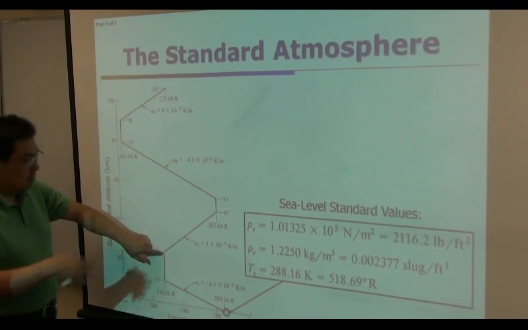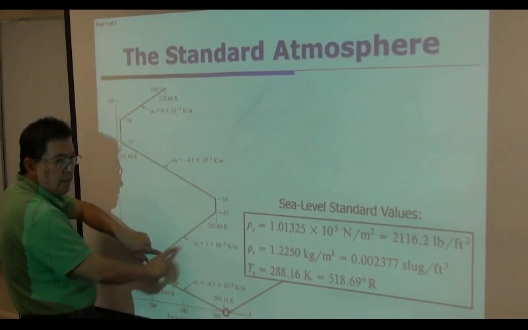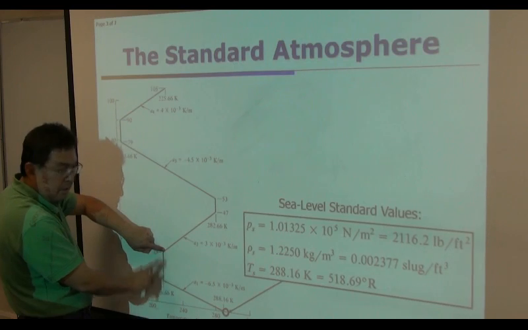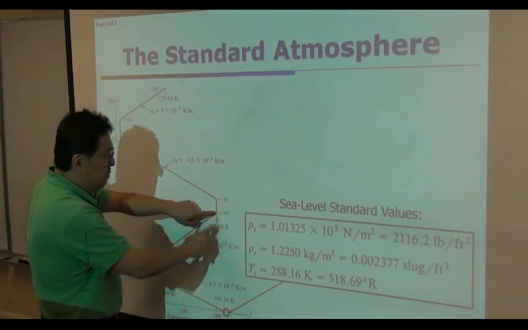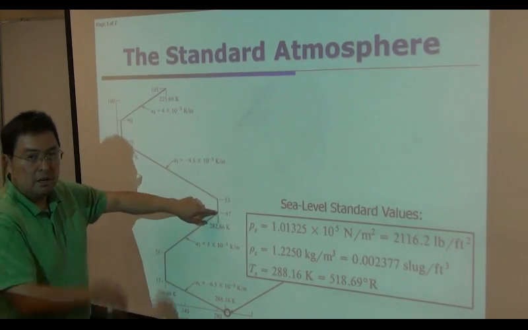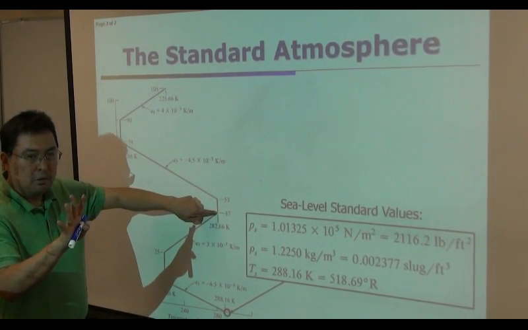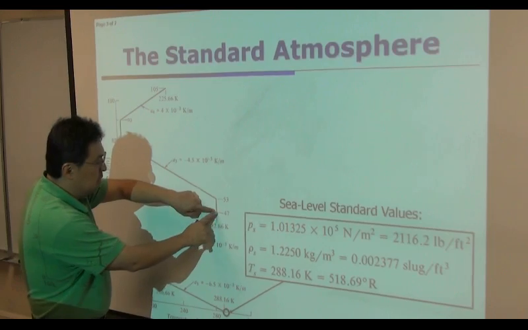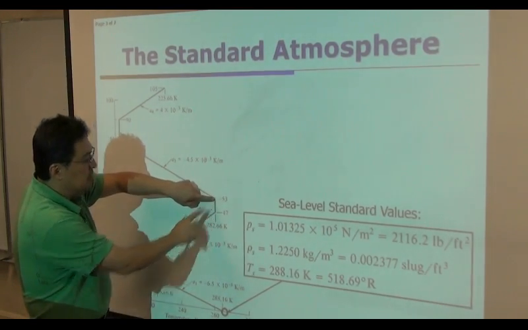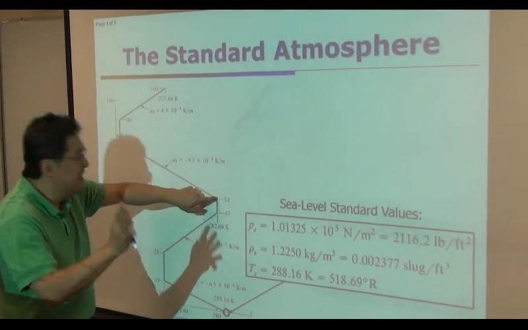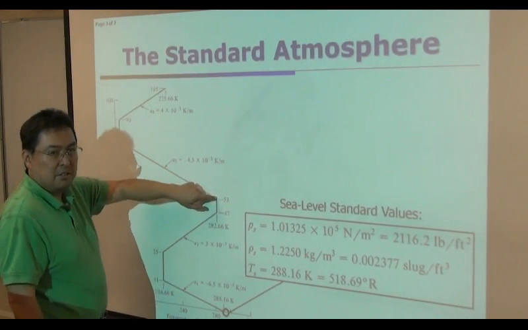Third step, you're going to go back again to a gradient region equation. Using the values you just found in the previous step, you're going to determine pressure, temperature, density right here. That's the third step. Fourth step, you're going to pick up the isothermal equation using those values you just found, and find out the value here: pressure, density, temperature. That's the fourth step. Fifth, sixth, I guess you get the picture.